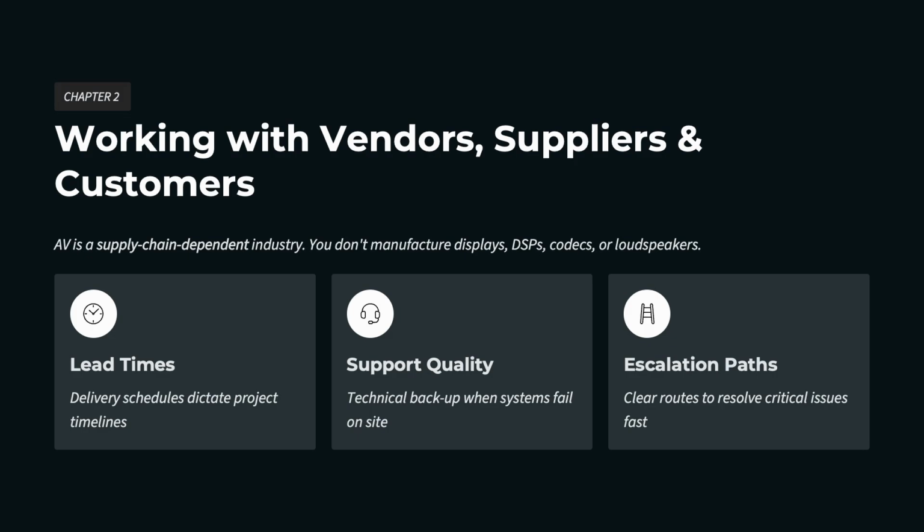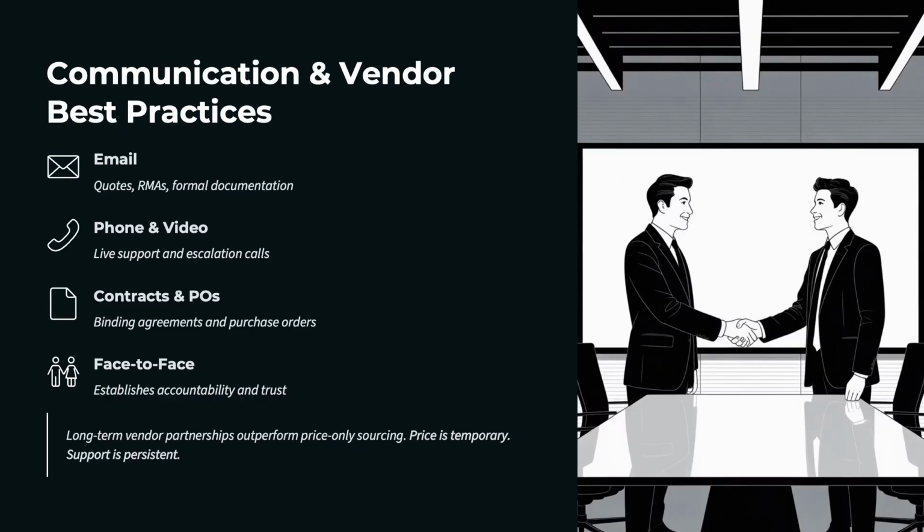You do not manufacture displays, DSPs, codecs, switches, or loudspeakers. You depend on vendors. Your effectiveness with clients is constrained by vendor lead times, their support quality, and their escalation paths. The communication channels used are a few.